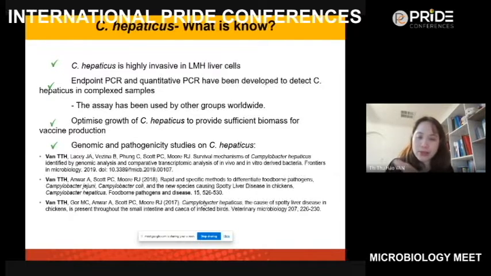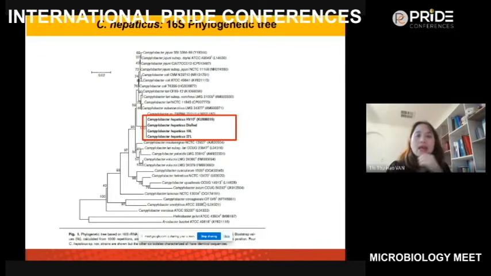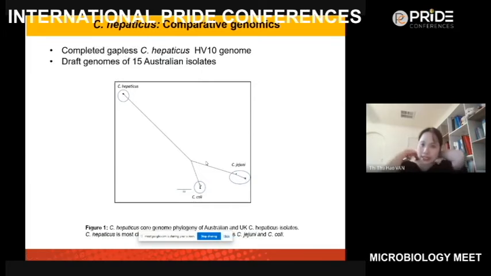So what makes this one different from other Campylobacter? For the phylogenetic tree, as you can see, we made the tree to compare with other Campylobacter. Campylobacter hepaticus groups together and is different from other Campylobacter. We also did comparative genomics. Campylobacter hepaticus forms a separate clade compared to other Campylobacter, with the closest being Campylobacter jejuni and Campylobacter coli.